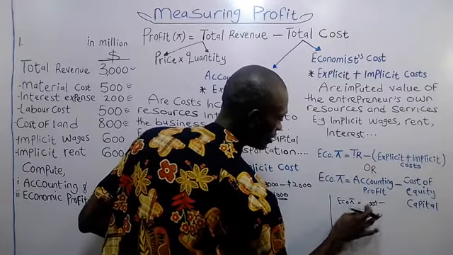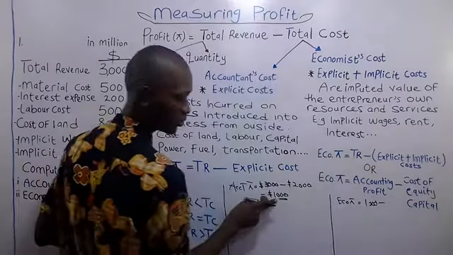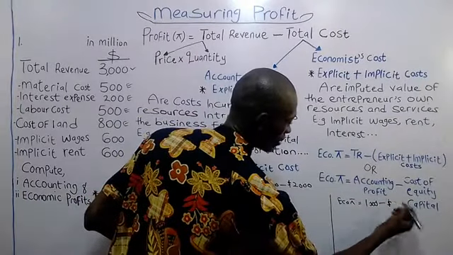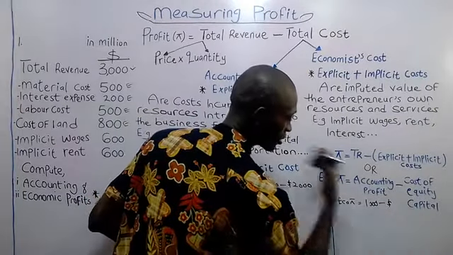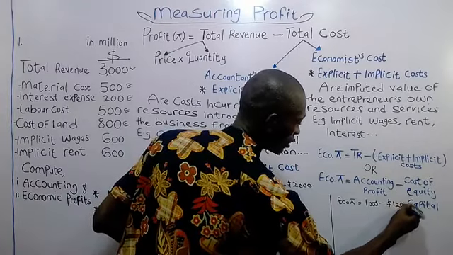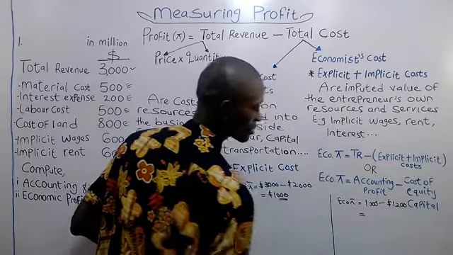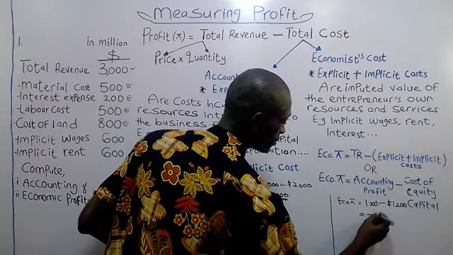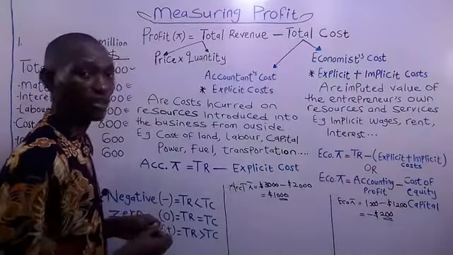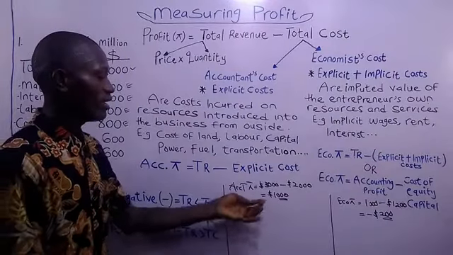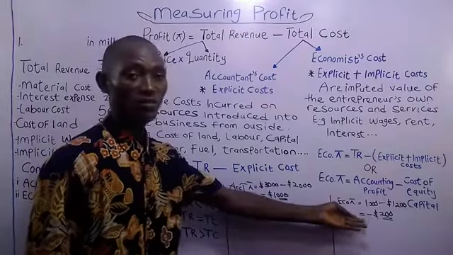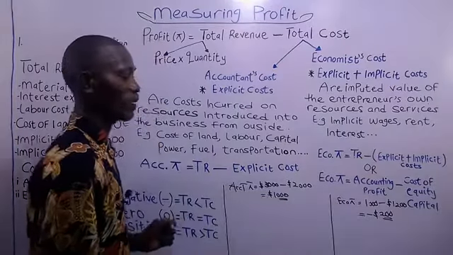Accounting profit is $1,000, which we've gotten here, and our cost of equity, as broken down there, is $1,200. So that gives us negative $200. You can see here that accounting profit is positive and economic profit is negative.